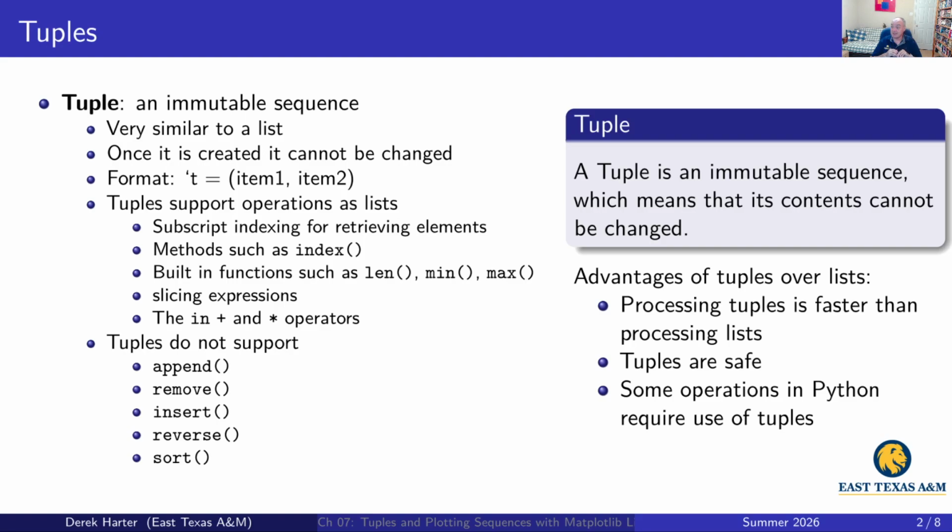As a quick example, you have to use an immutable sequence for the keys in a dictionary, which is another type of container we're going to talk about in a little bit. There are other situations like that where you really can't use something that can be modified. So let's look at a few examples of creating and using tuples.